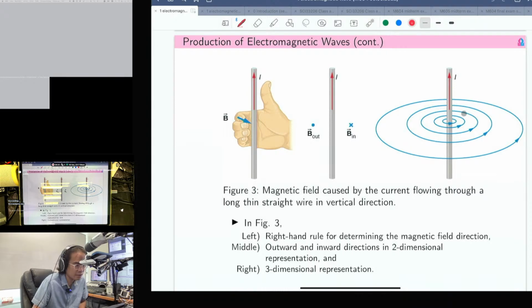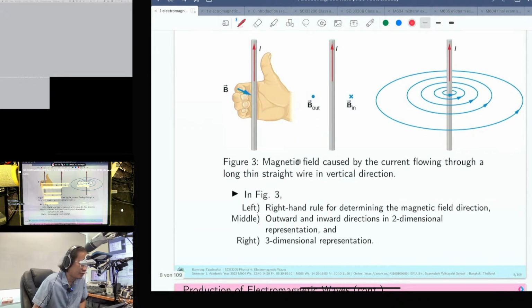Okay, this is the 3D drawing figure. So we have the arrow that represents the magnetic field that is caused by the current moving upward like this. We need to first have an agreement in the drawing system on whether the magnetic field is pointing into or out of the 2D plane.